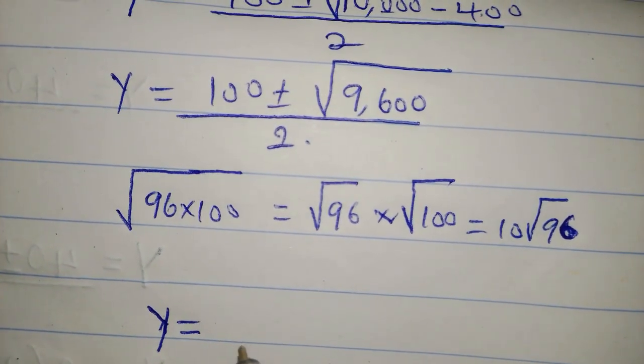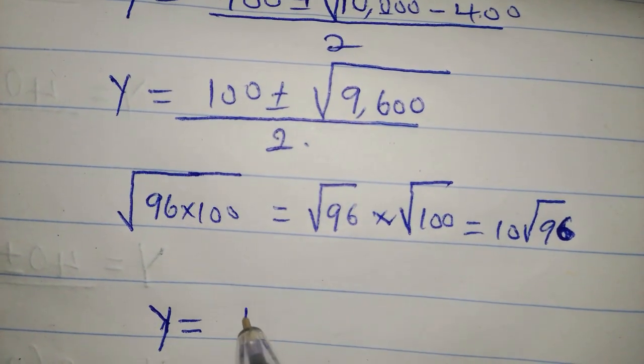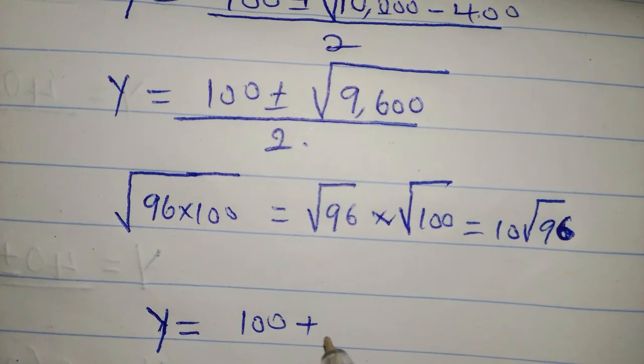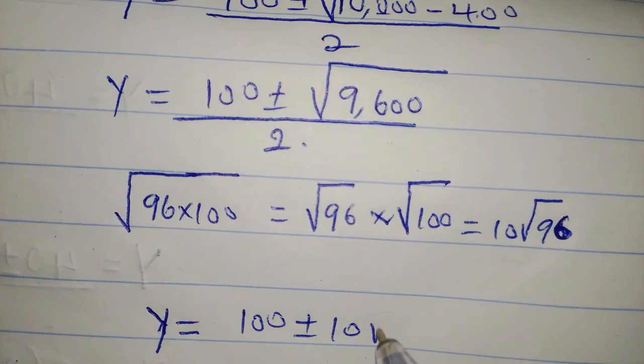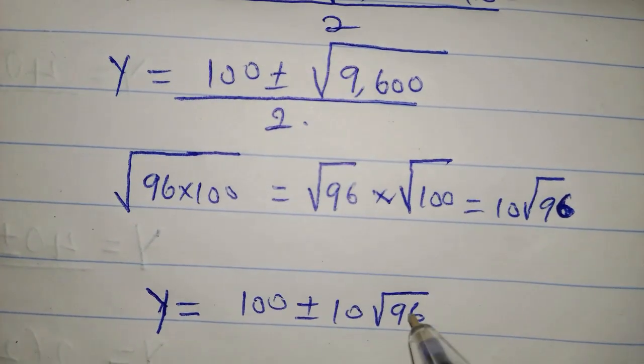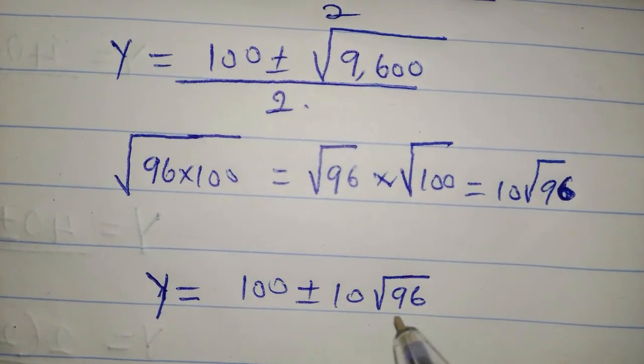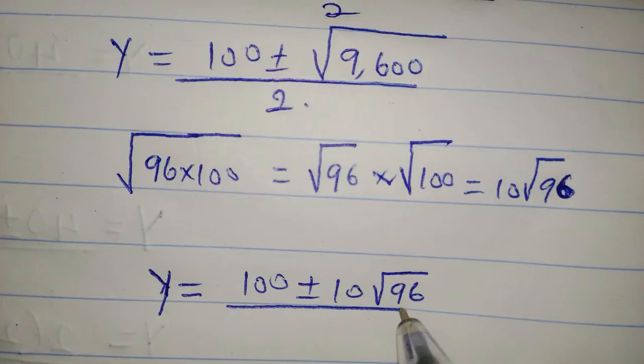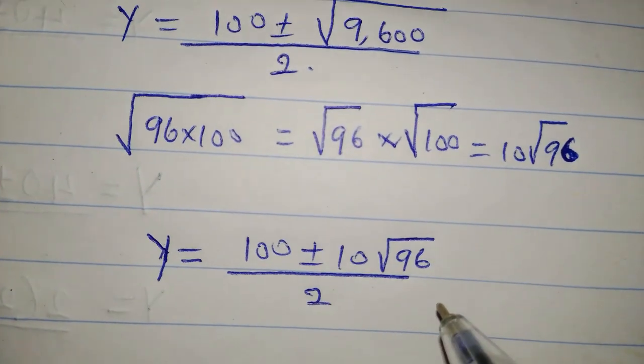So we can come here and write our y is equal to 100 plus or minus 10 root 96. We can further simplify this down, but I just want to leave it in this manner. Or divide by 2.